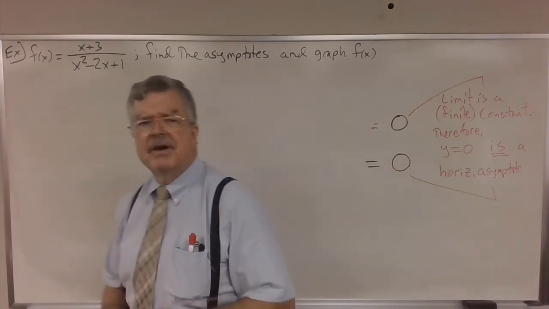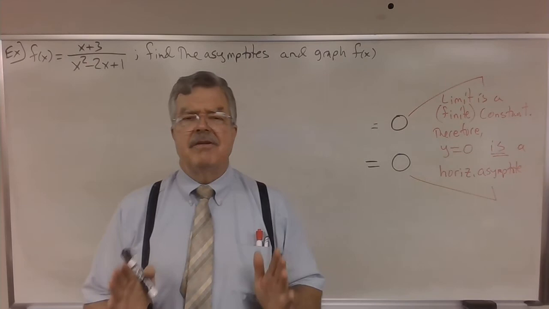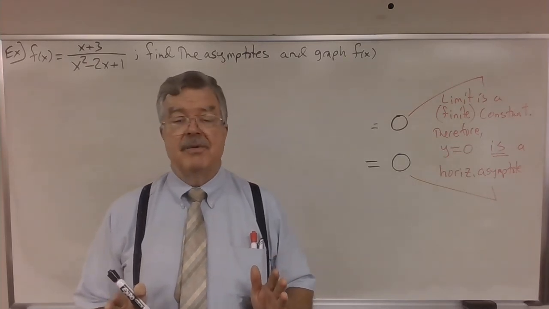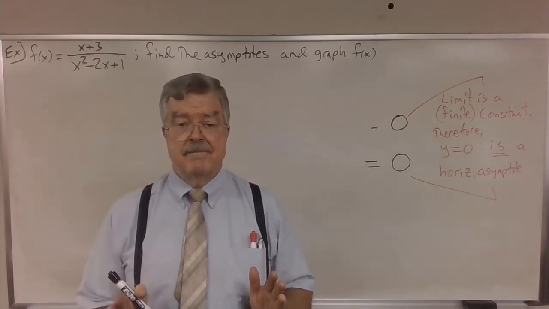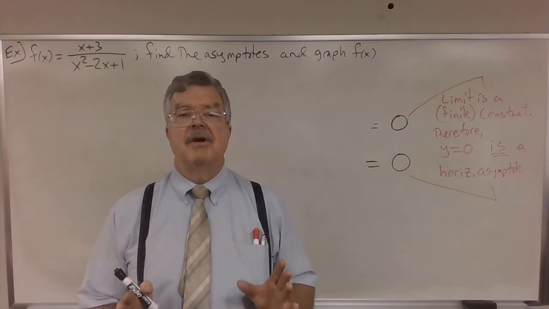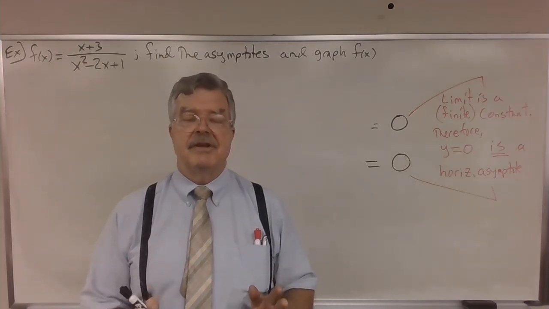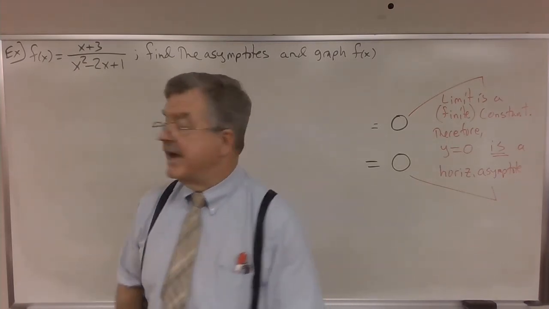Now here's what I'm going to do. I'm going to write down all of the information that we've accumulated so far, and I'm going to use that information to sketch a graph of f of x.